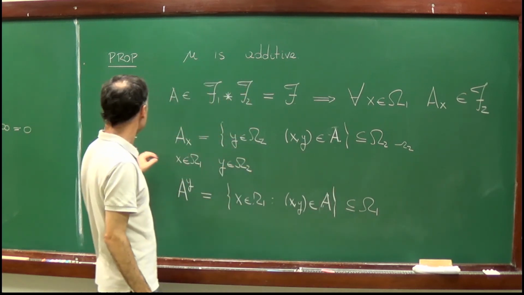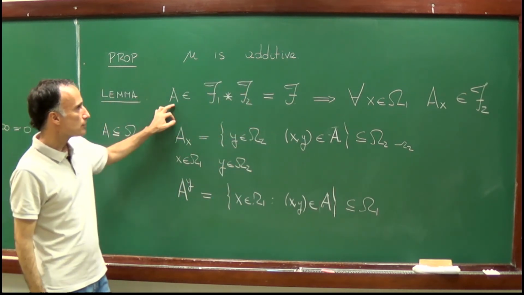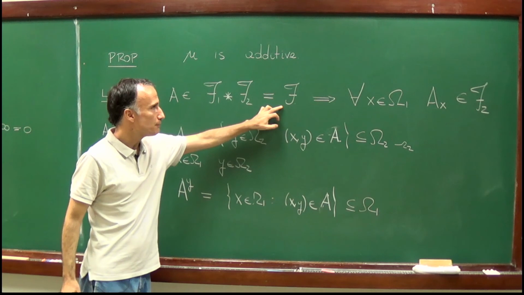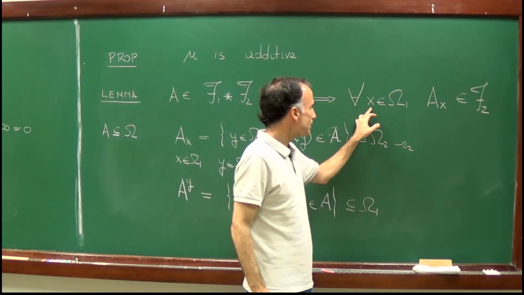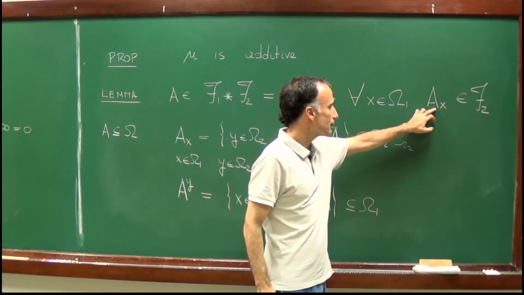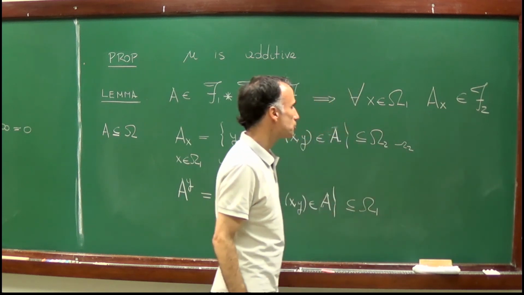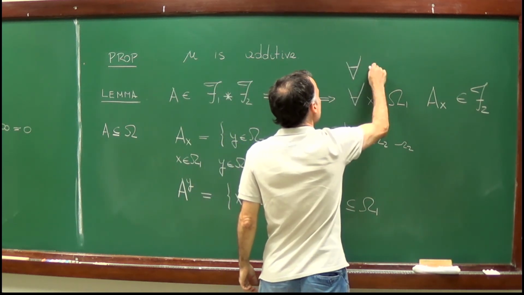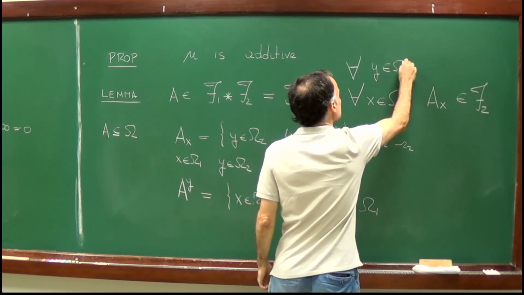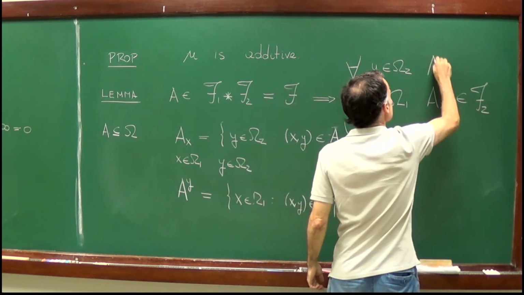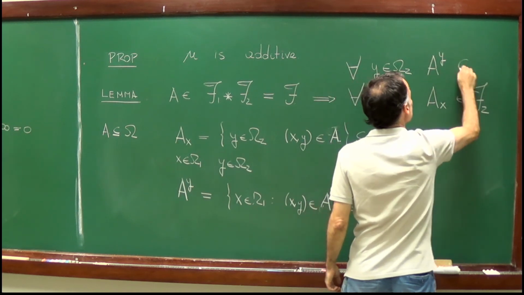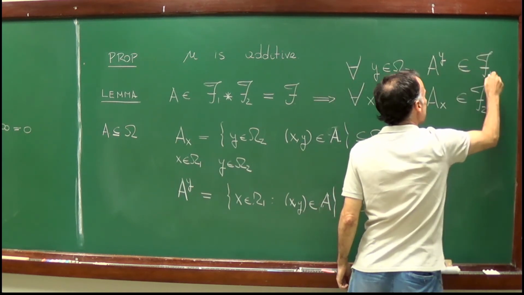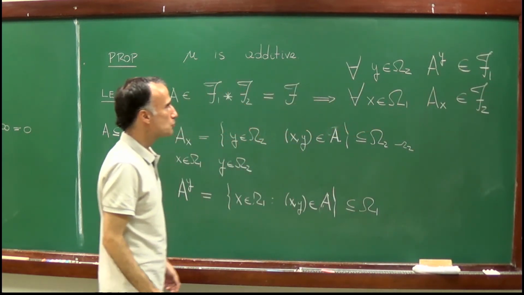So I'm saying that if the set A is in the product sigma algebra, then for any x, its section at x belongs to the sigma algebra F2. And similarly, for any y in omega 2, the section of A at y, which is a subset of omega 1, belongs to F1.